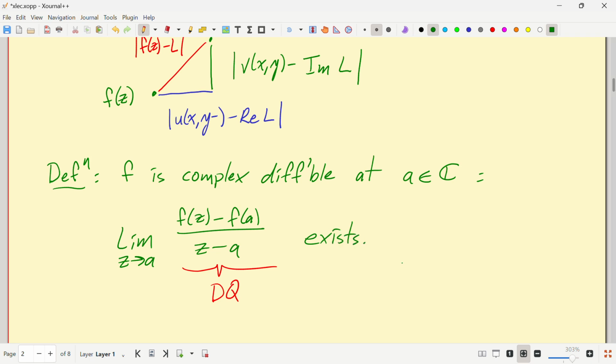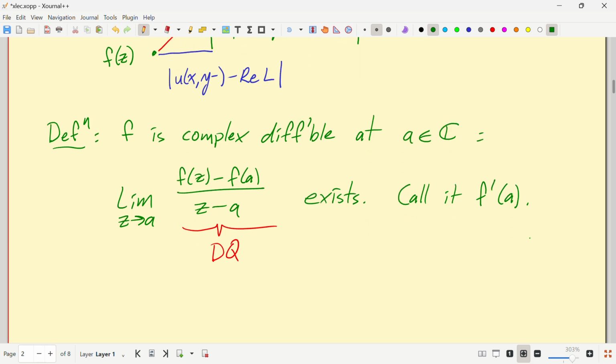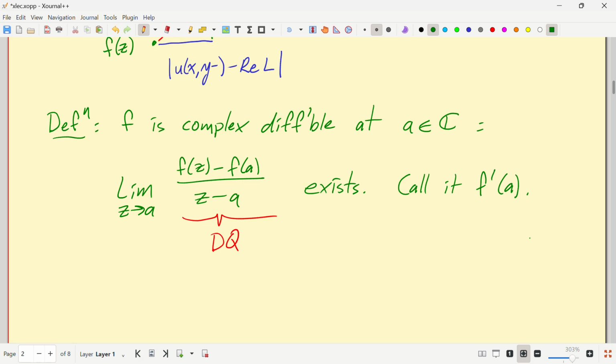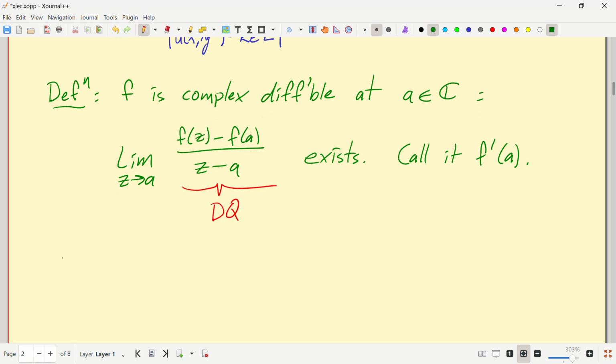And of course, if it does exist, we're going to call it f prime of A.